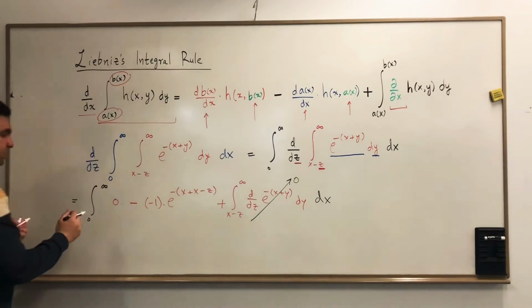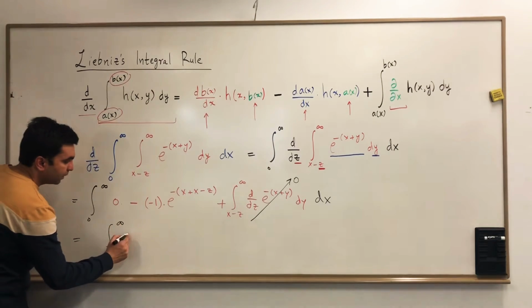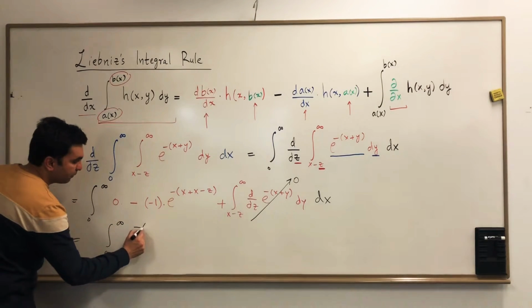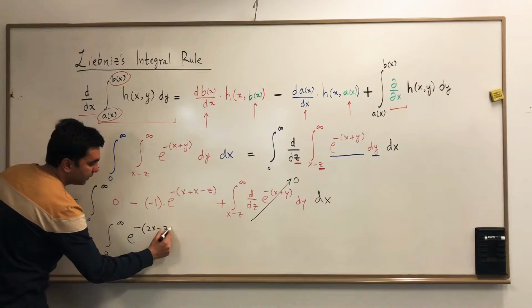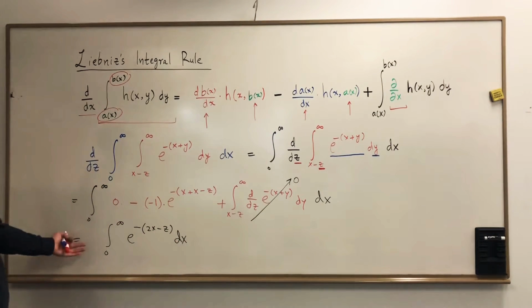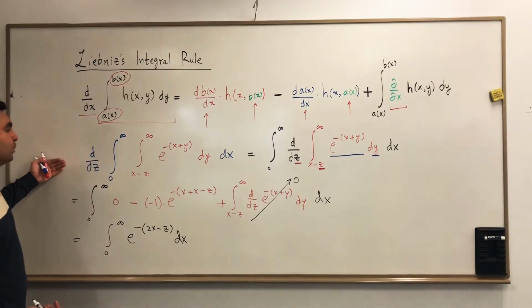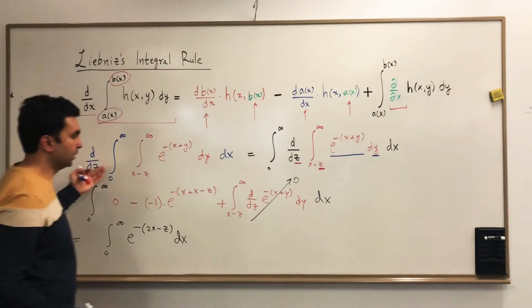So this integral just breaks down to the integral of 0 to infinity e to the negative 2x minus z dx, which is much simpler to compute as compared to the original problem, which is the derivative of this double integral.